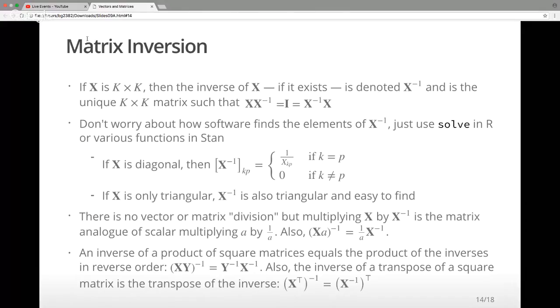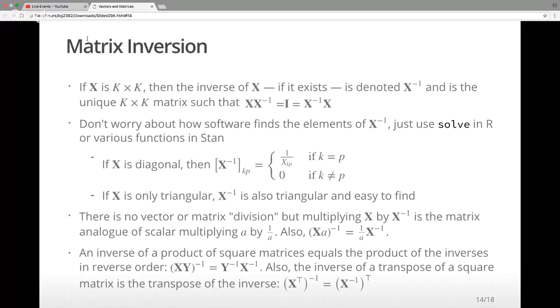So there's really no such thing as vector or matrix division, but there is such a thing as multiplying any matrix by the inverse of X. And that's kind of like division in the scalar sense, because you can take A, multiply it by the reciprocal of A, and you get 1 provided that A is not 0. And so if you take X and multiply it by the inverse of X, you get the identity matrix, which is the analog of the number 1, provided that the inverse of X exists, which is the same as saying provided that A is not 0 here.